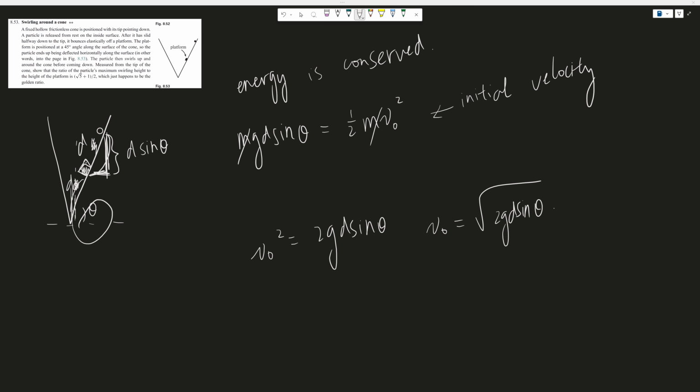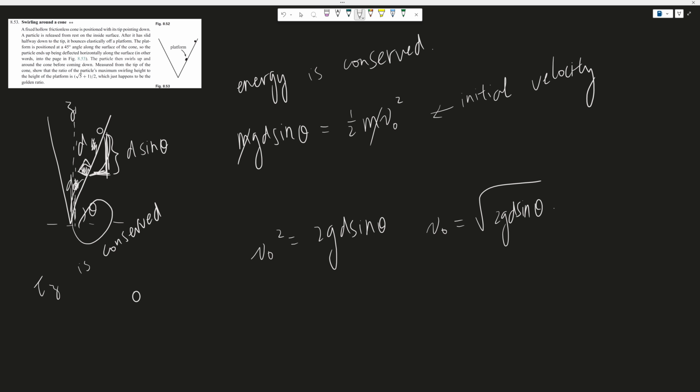And so let's consider the angular momentum around this vertical axis which bisects this cone. Let's call it the z-axis. We know the angular momentum around z is conserved. Why? Well, because no force contributes torque around the z-axis.